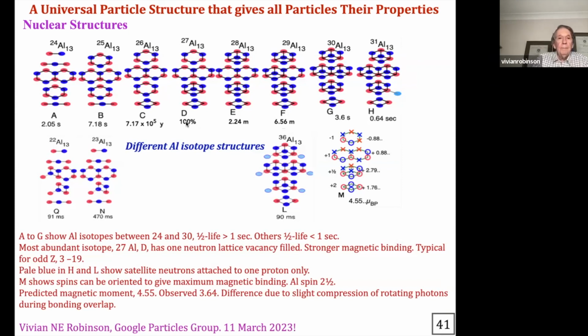The most abundant isotope, Al27, has one of its neutron lattice vacancy positions filled. And the reason for that is that an even number of neutrons gives stronger binding than an odd number of neutrons, just because there's one extra loop formed.